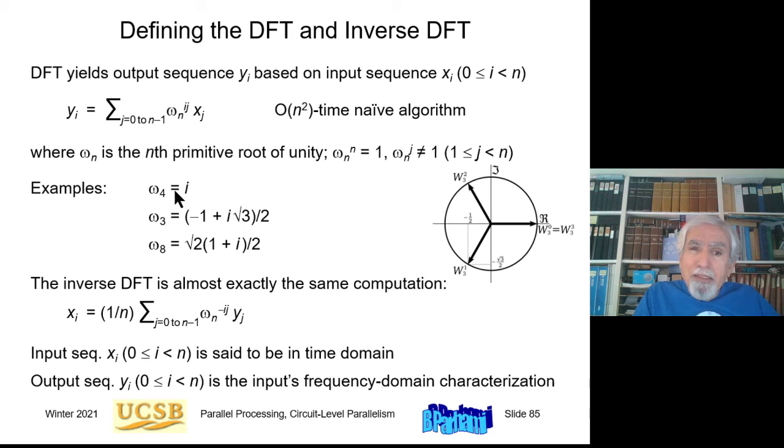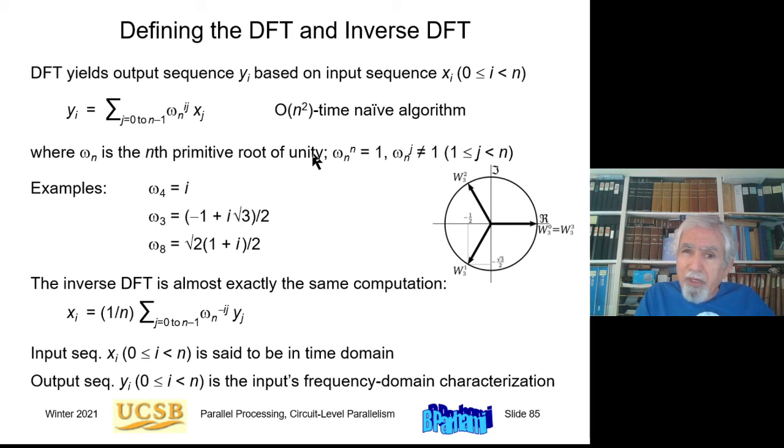So what is omega n? Omega n is the nth primitive root of unity. What does that mean? It's a root of unity, the nth root of unity, because omega n to the power n, remember omega n is a constant, this is just a notation, if you raise that to power n, you get 1. So basically omega n is an nth root of 1. But there's a condition that other smaller powers of omega n should not equal 1.